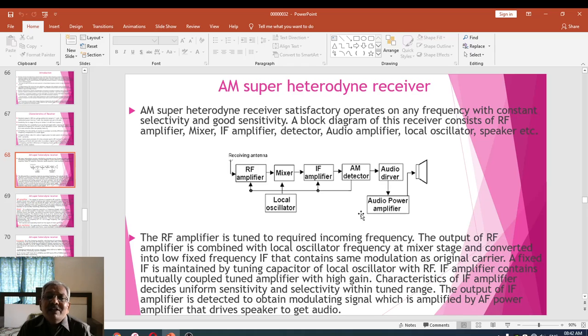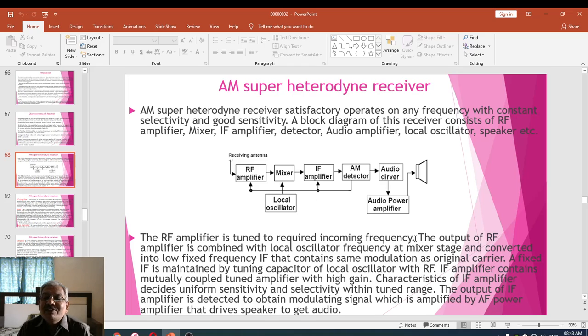From this figure we can say the RF amplifier is tuned to the required incoming frequency. The output of the RF amplifier is combined with the local oscillator frequency at a mixer stage and converted into a low fixed frequency IF that contains the same modulation as the original carrier. A fixed IF is maintained by tuning the capacitor of the local oscillator with the RF.